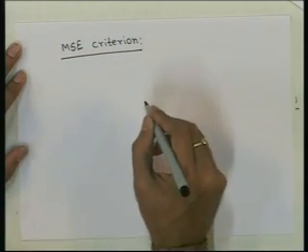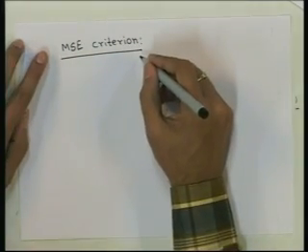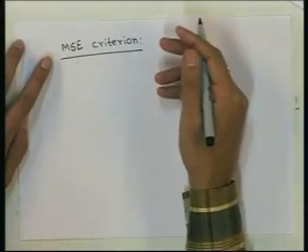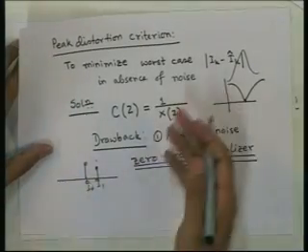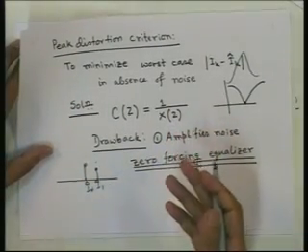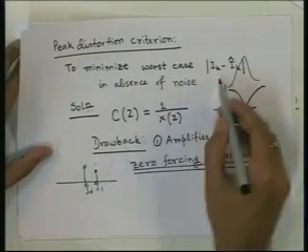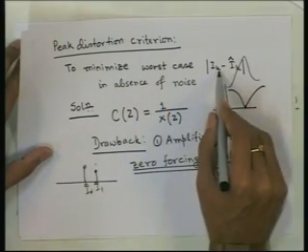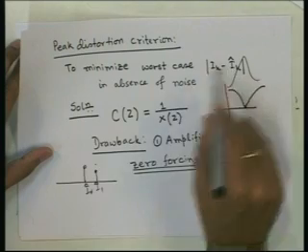What this says is that instead of neglecting noise while designing the equalizer filter, which we did in this case, if you remember, we actually did not consider noise at all while designing the system. We said we want to minimize the worst case error in absence of noise.